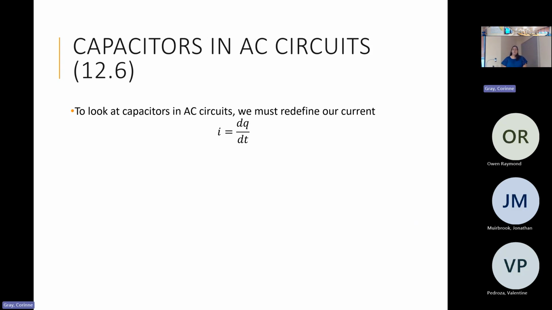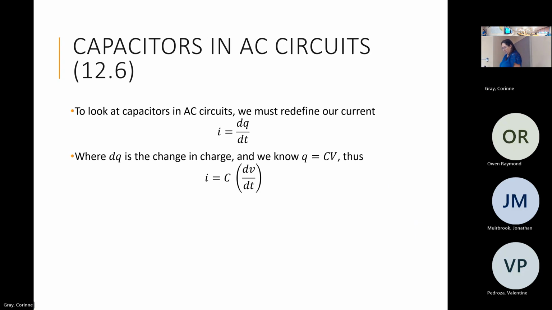So for the current, when we're talking about it in terms of the AC circuit, we are going to represent it as dq over dt. So we don't want to use I at all. We want to use it in conjunction with what we have. So something that's interesting, again, for our parallel plate capacitor, charge is equal to the capacitance times the voltage.